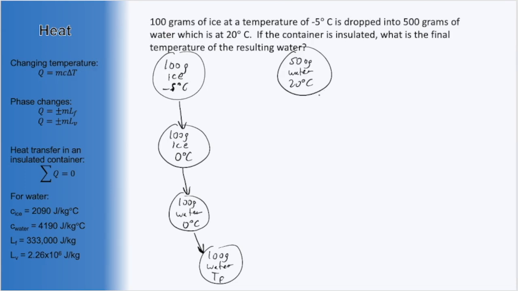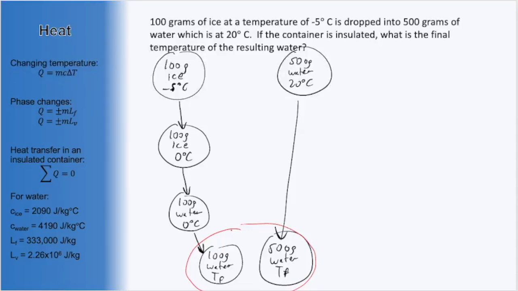Well, I know the water is going to stay water, and because of the ice, it's probably going to be cooled down by some amount. I don't know what that final temperature will be, but I know that I'm looking at still 500 grams of water, but now at some T final, which is the same T final that the ice will reach. Once everything mixes together, I will have a total amount of 600 grams of water at some T final, which I'm trying to figure out.